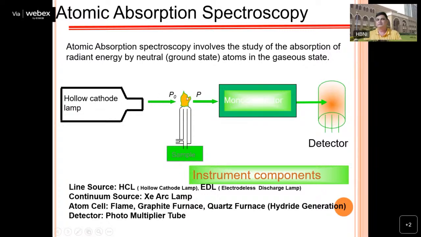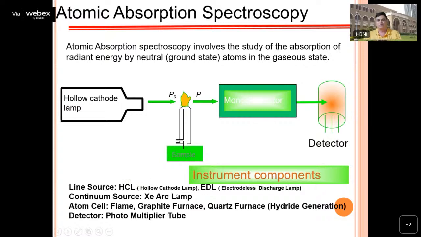Whatever atoms of lead are there will absorb the radiation from the hollow cathode lamp and decrease its intensity. I will measure it, and that will correspond to my concentration, as well as the qualitative and quantitative distribution.